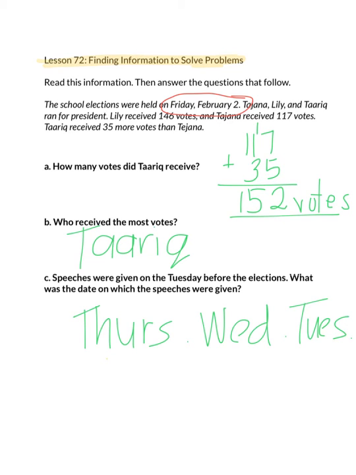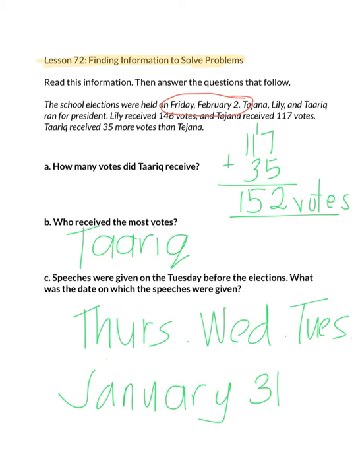What is the month before February? It is January, and January has how many days in that month? There are 31 days in that month.